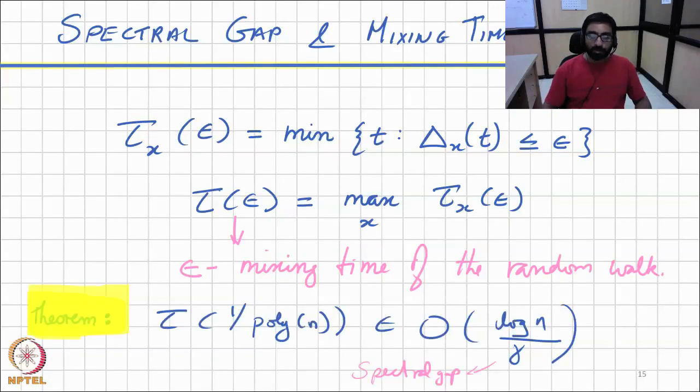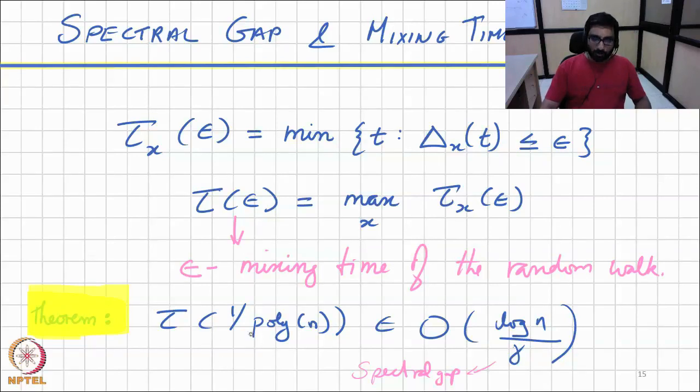And here's an important theorem: the mixing time to get to within a 1 over polynomial in n difference with the stationary distribution is at most O of log n over gamma, where gamma is the spectral gap.